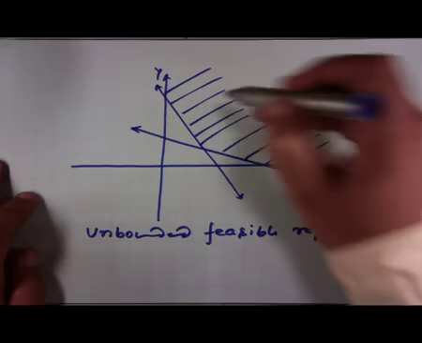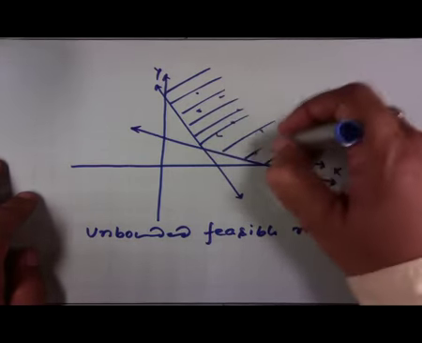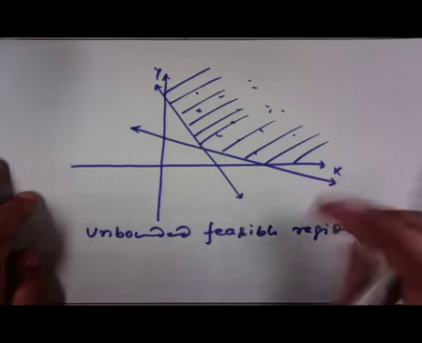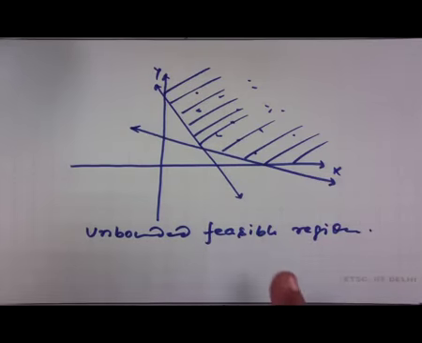And all the points in this feasible region are called feasible solutions.